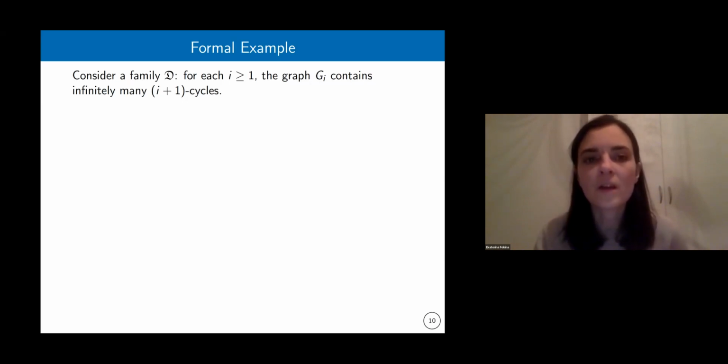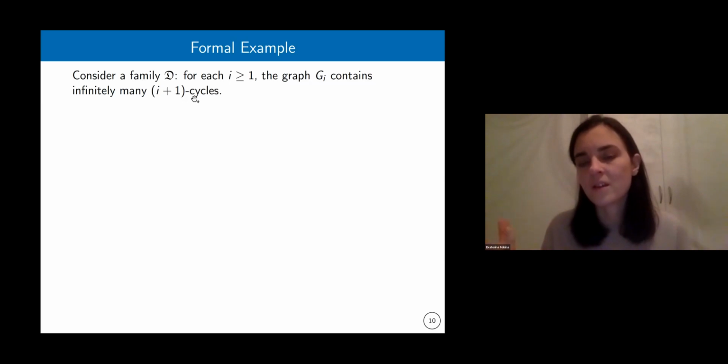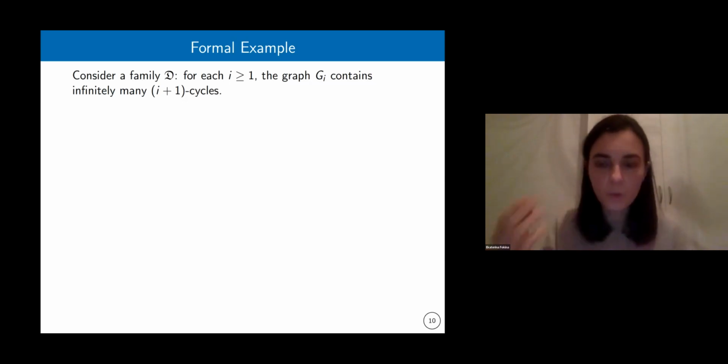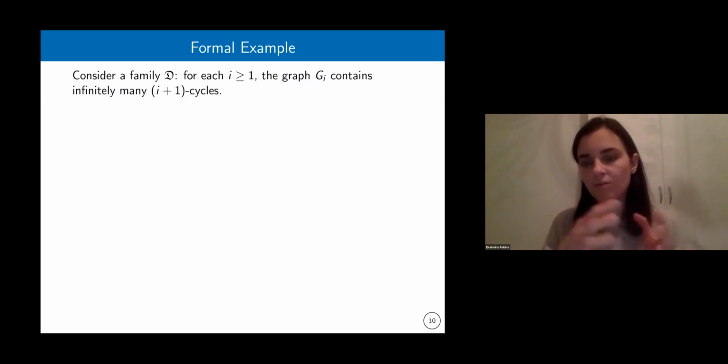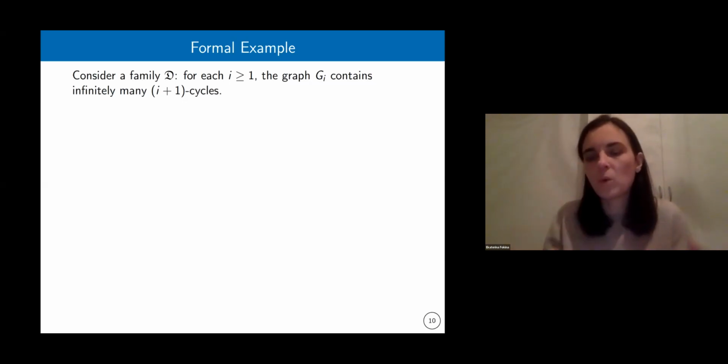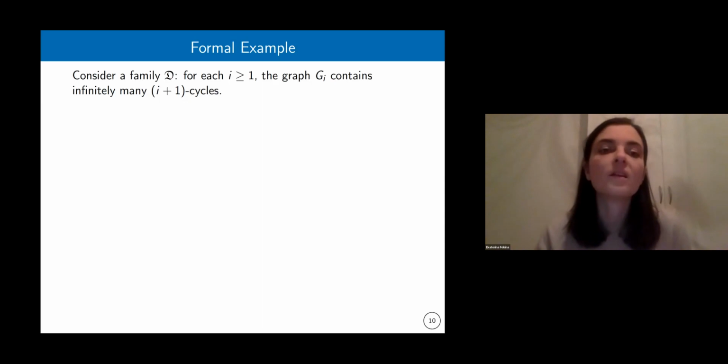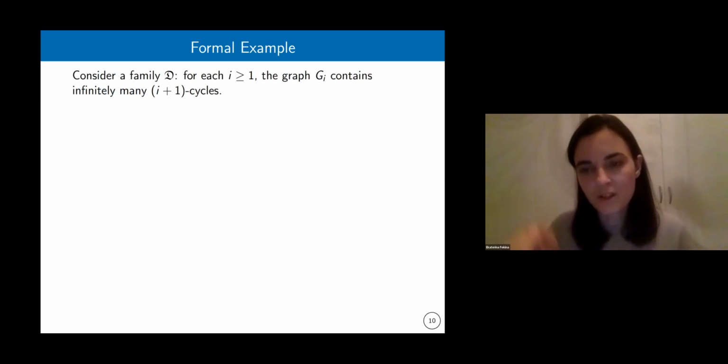Suppose we have an infinite family of graphs, and let's say graph G_i contains infinitely many (i+1)-cycles. So this is a class that is easily learnable. We just wait for a cycle to appear, and then we know which structure we are seeing. We just count how many vertices we have there, and then we output the corresponding hypothesis.